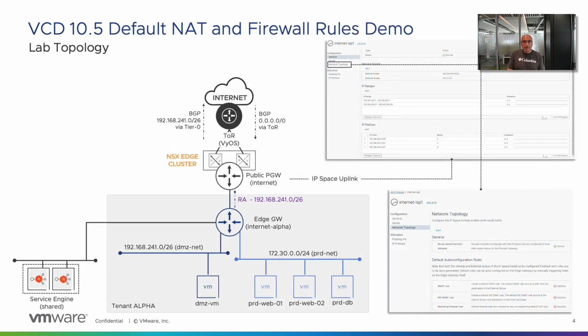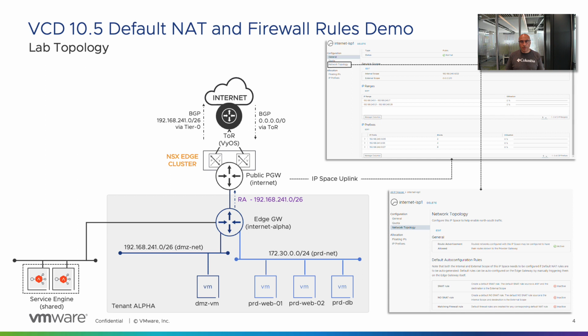Now let me quickly walk you through the lab topology, where we are going to explore some of these features in a bit. I have a single tenant, tenant alpha. This tenant currently has a single edge gateway connected to a public provider gateway. This public provider gateway has an IP space attached with some IP ranges and IP prefixes created.